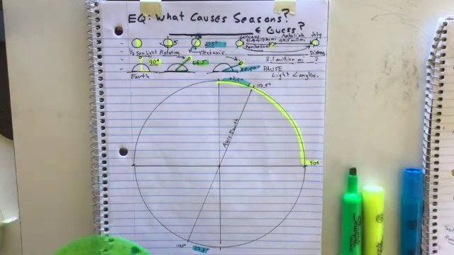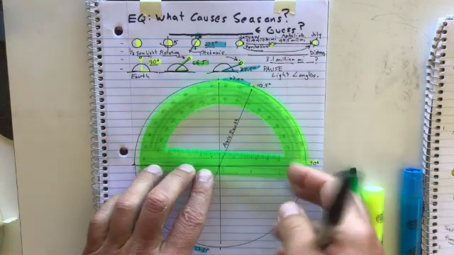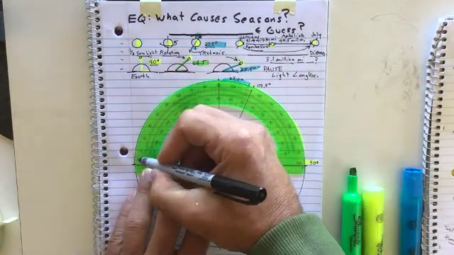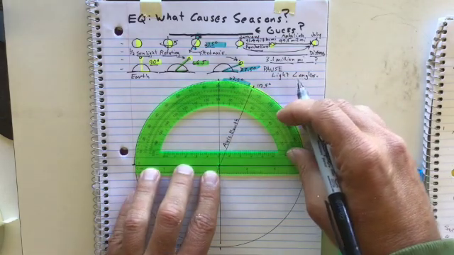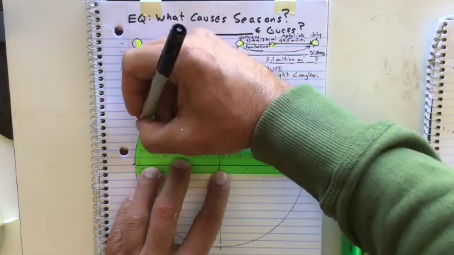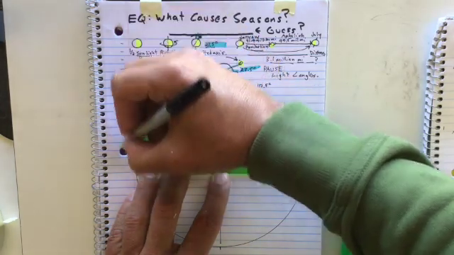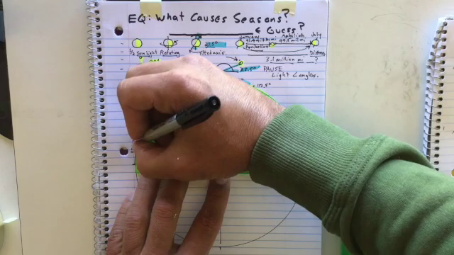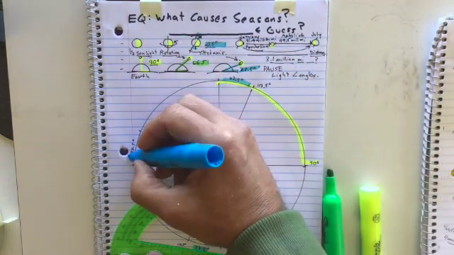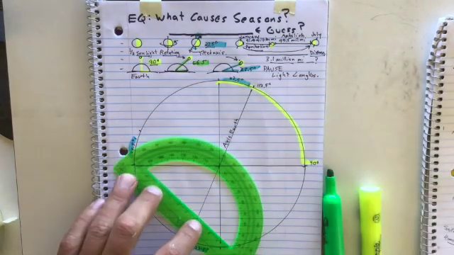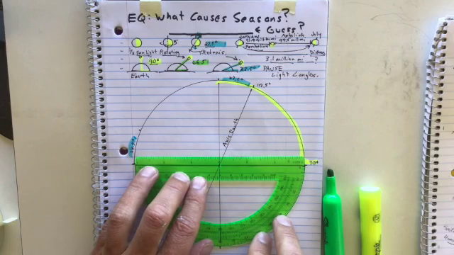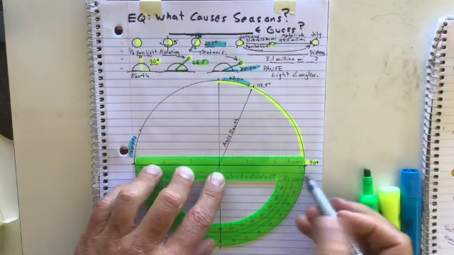Now we're going to measure a few more 23-degree angles. So over here, line up our protractor again. Here's 10, 20, and let's go to 23.5 right here. So again, we have 23.5 degrees. And over here, we're going to turn our protractor upside down again and do the same thing.